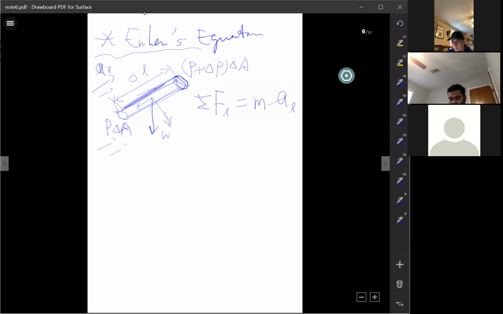So what does M look like? Let's expand this form. M is rho delta A delta L. Delta A delta L is volume, right? Rho times volume, that's mass. So let me expand this equation. It's similar to the hydrostatic case, just the right-hand side has more terms.